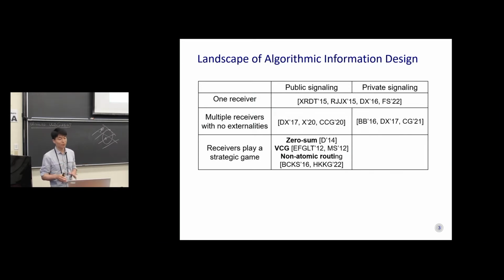You might have seen another very interesting talk yesterday on non-atomic routing for public signaling. By the way, this list is by no means complete, so I cannot fit everything into the table; I've just listed a few here.